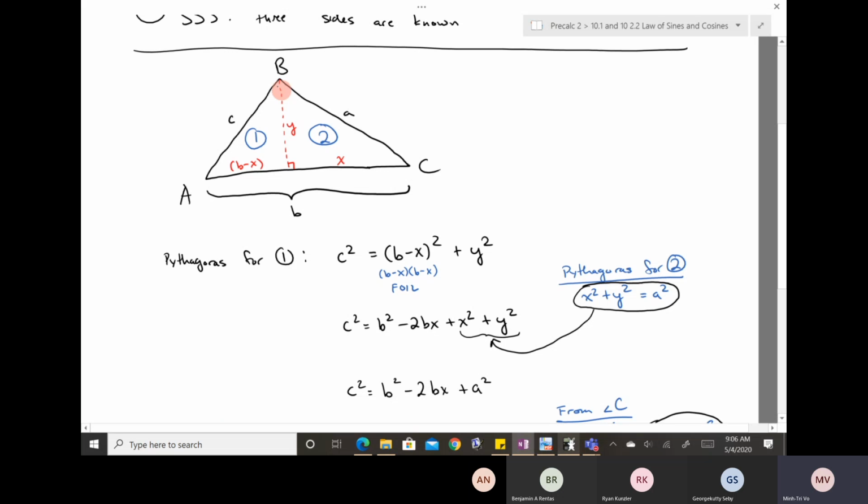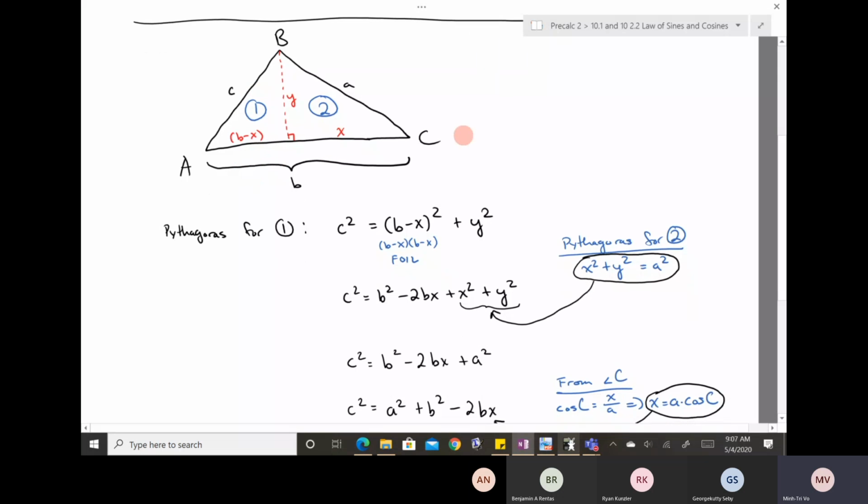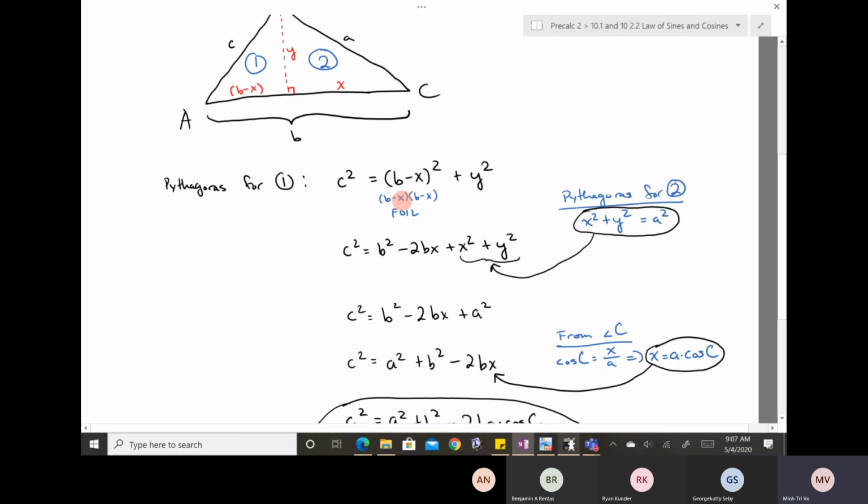And so if I take triangle 1 here and apply the Pythagorean theorem, this side squared plus this squared is equal to this squared. So c squared is equal to this thing squared plus this thing squared. Then because you have this thing squared, you can FOIL this out. So you get b squared minus 2bx plus x squared.